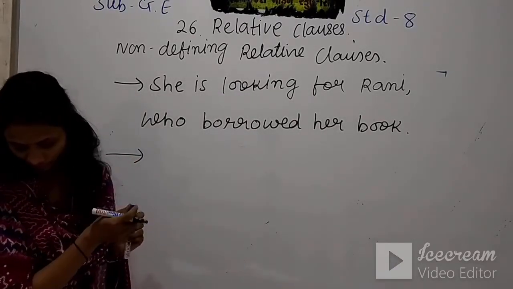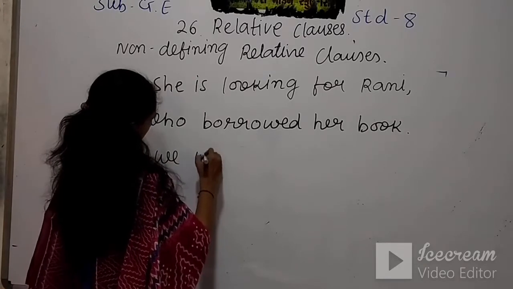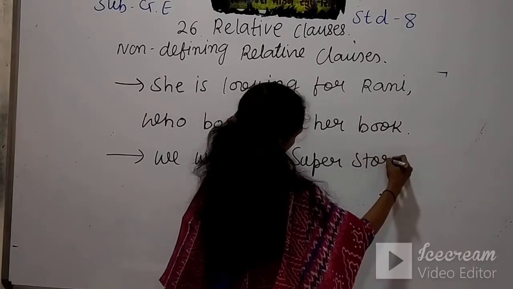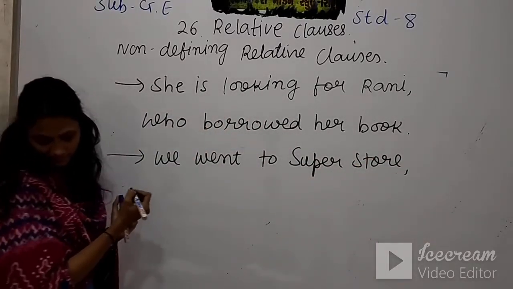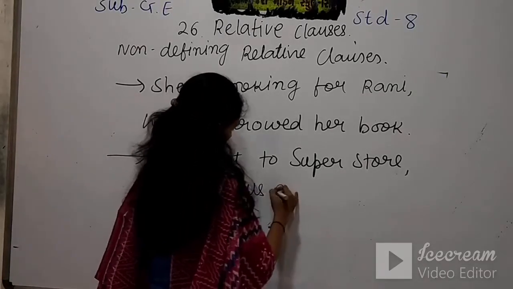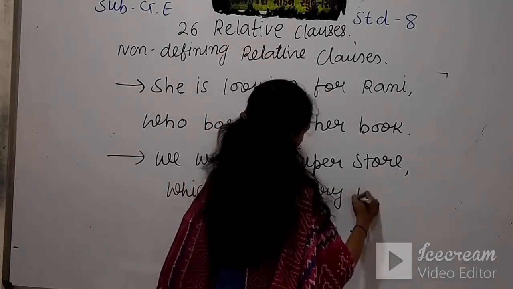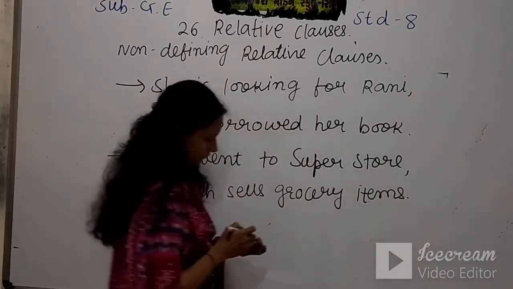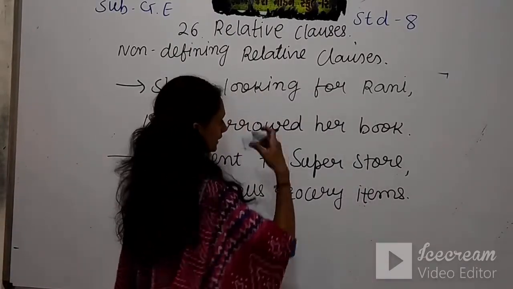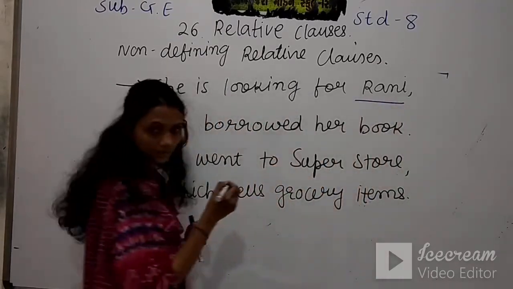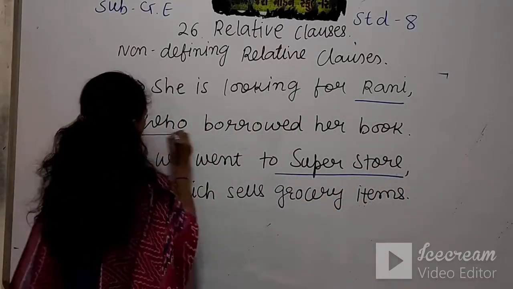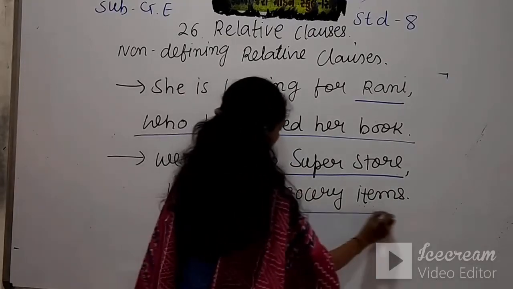Secondly, we went to a superstore, comma, which sells grocery items. The difference between defining and non-defining is that here we mean we are looking for Rani, the particular person, and here we mean this superstore. This is our relative clause, and that is known as a non-defining relative clause.